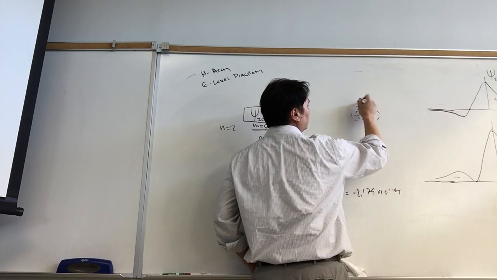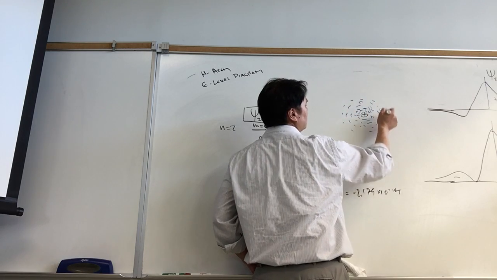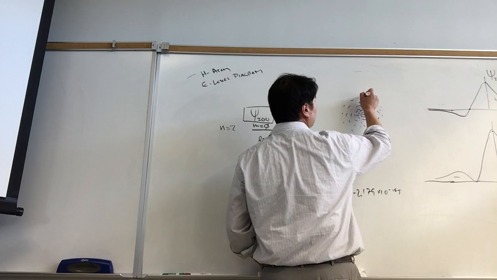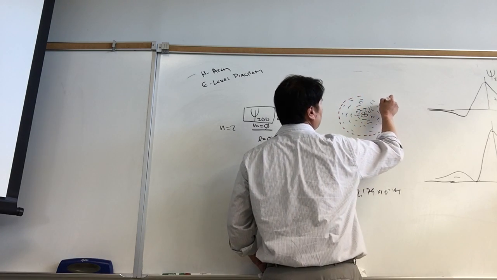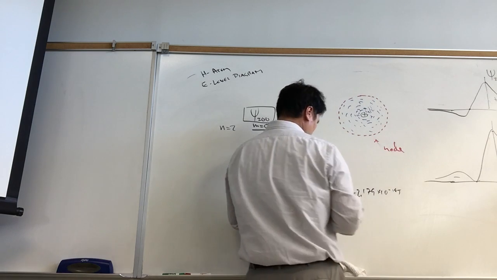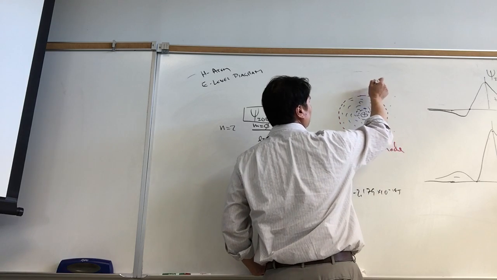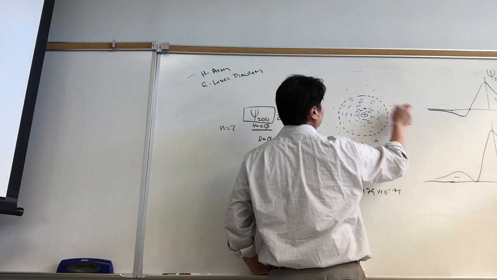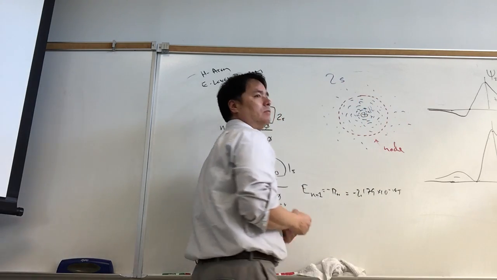If we get farther, the density of dots decreases until we hit the node where it goes to 0. There's no dots at the node. And then we have some probability outside the node. So this would be a 2s orbital.